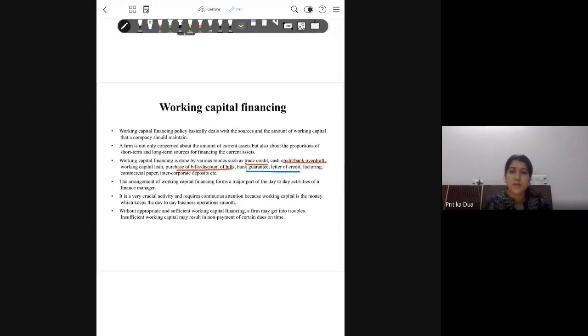Factoring I think हमने डिस्कस करा हुआ है. No idea, anyone? So factoring is sale of your debtors. Okay, the amount your accounts receivable जो हम sell करते हैं, accounts receivable or debtors are reflected as current assets on your balance sheet.